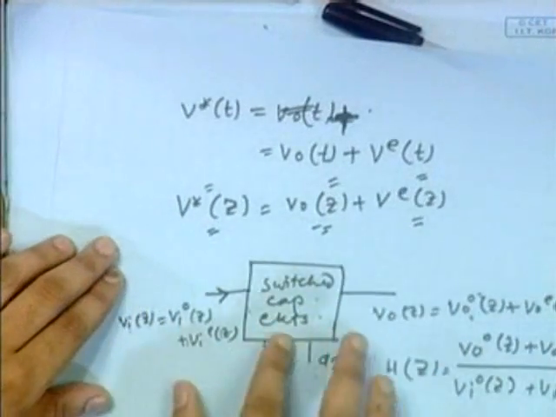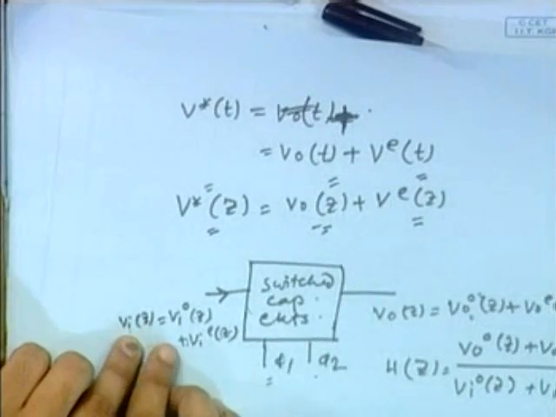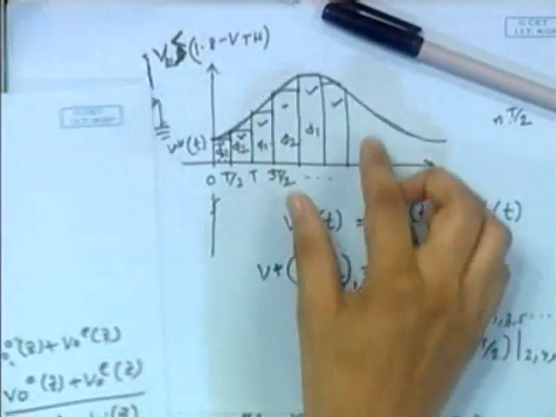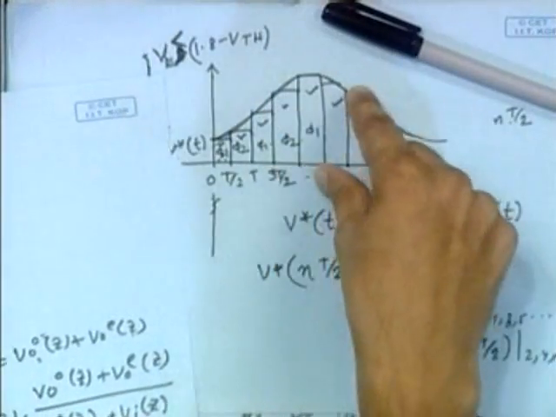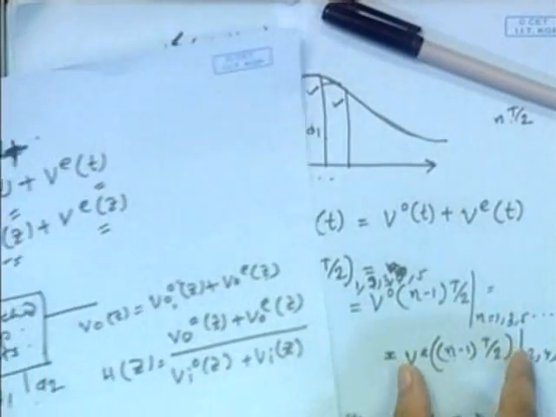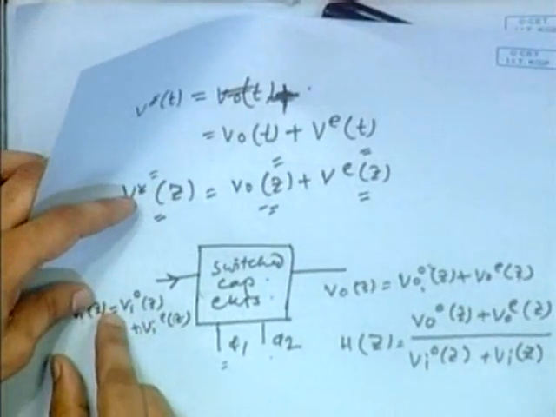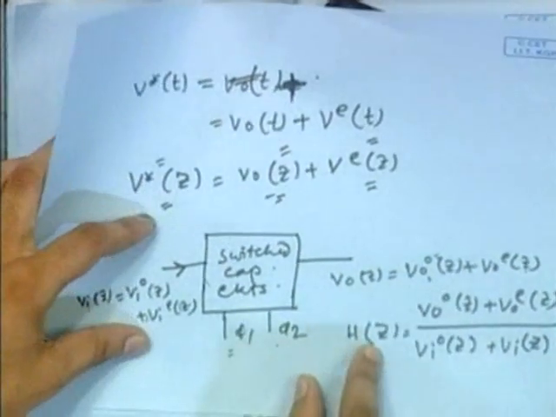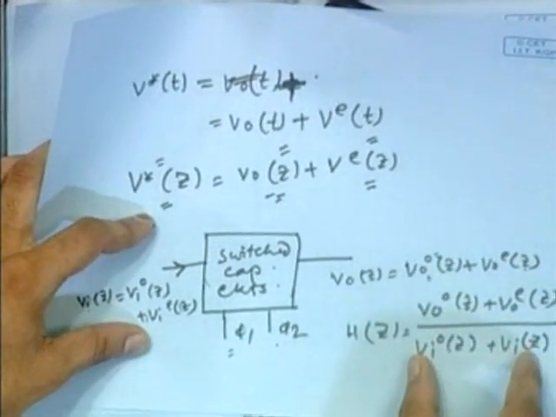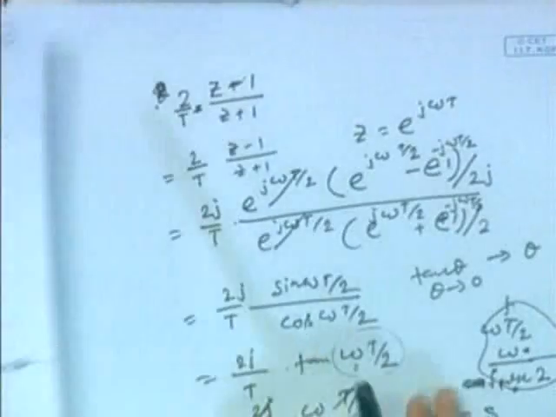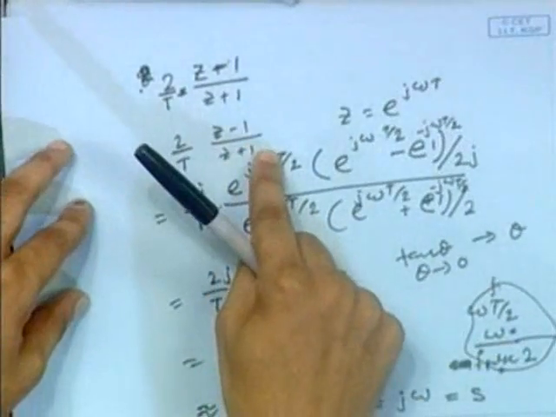We give input here and get output on this side. We break the signal into different samples. From the samples we get the z domain transformation, and from this we get the transfer function in z domain.